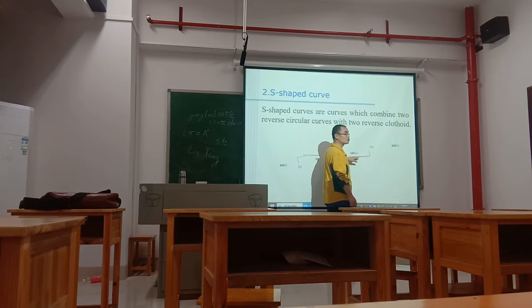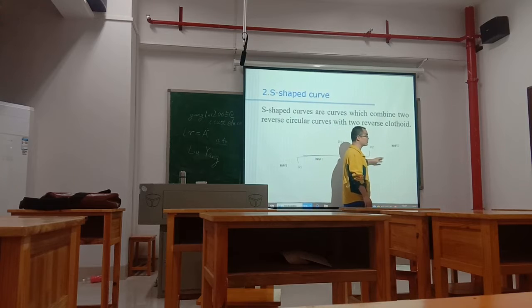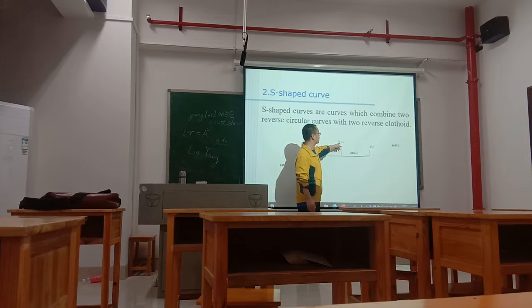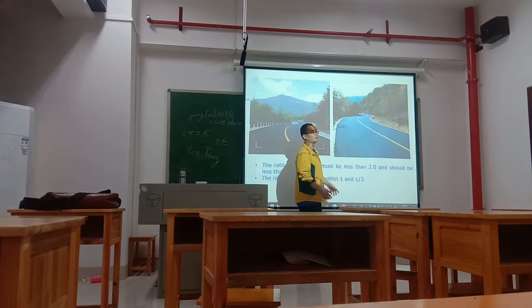This is closed-side 2. And there is no straight line between the 2 closed-sides. It's a point. R is infinite. It's only a point.